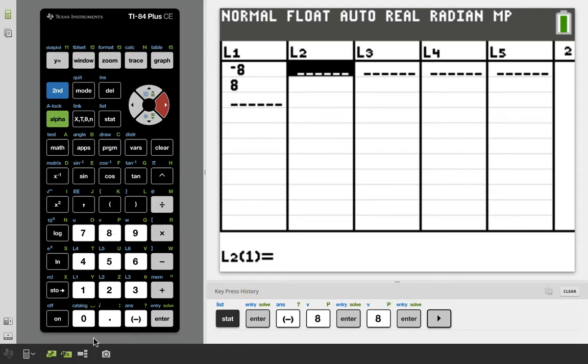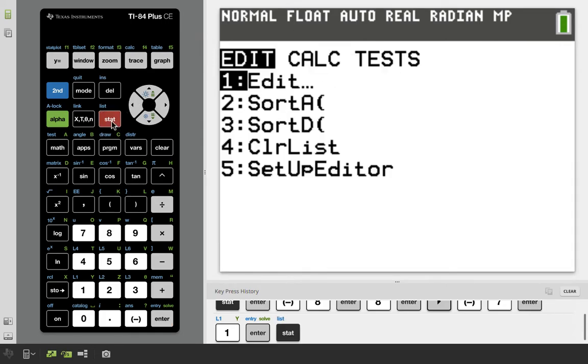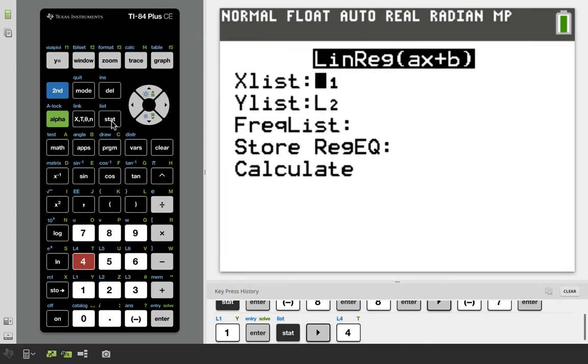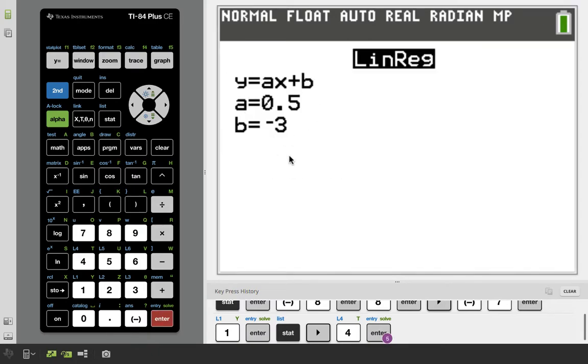Now I'm going to go ahead and type in my y values. And remember, I only need 2. Now I'm going to go ahead and hit Stat Calc Option 4 and hit Calculate. It's going to spit back an equation, and I'm looking for just the slope, so this A, 0.5. Same exact thing as 1 over 2. So I got that right.